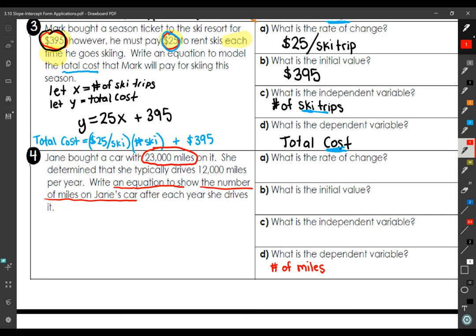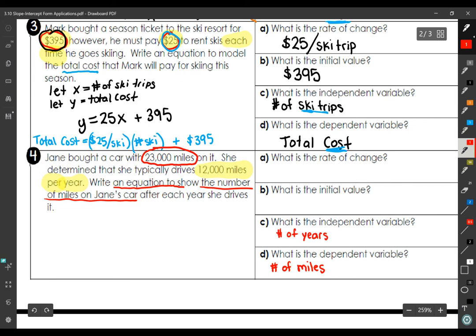And she determined that she typically drives 12,000 miles per year. The key thing you should be noticing is 12,000 miles per year. That per is really important. What does that tell you? It tells us that the number of years would affect the number of miles on her car. So, number of years.